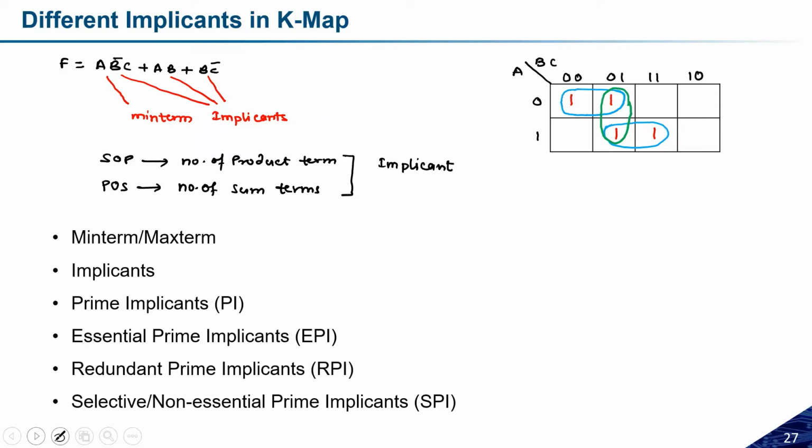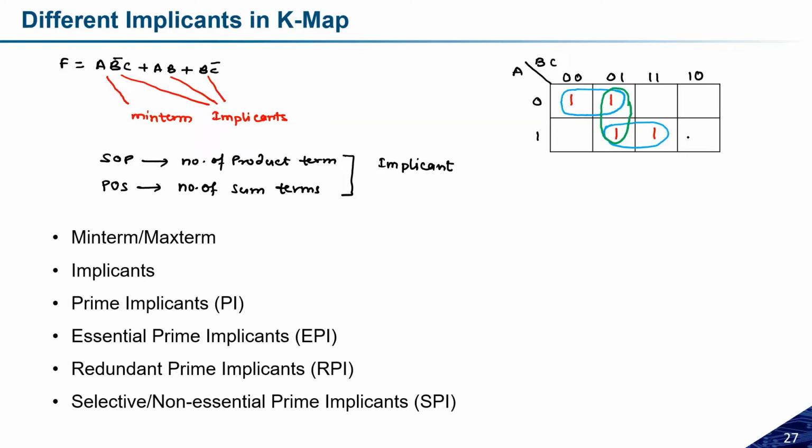So the green circle and the blue circle, if you consider all the possible pairs, those are the prime implicants. The minimum pairs that can cover all the implicants are the essential prime implicants. So the blue pairs are the essential prime implicants, and the implicants which are not required, because all the implicants are covered by other essential prime implicants, we call the redundant prime implicants.